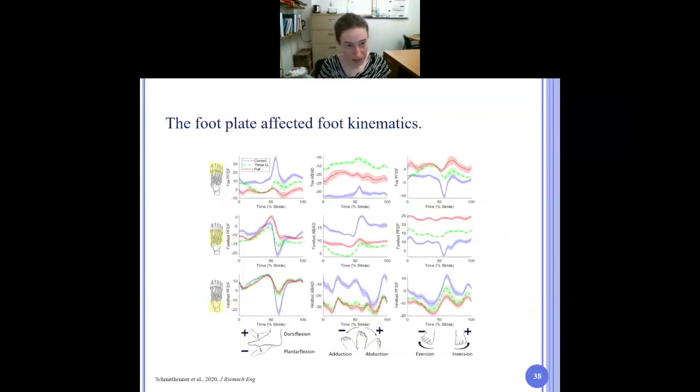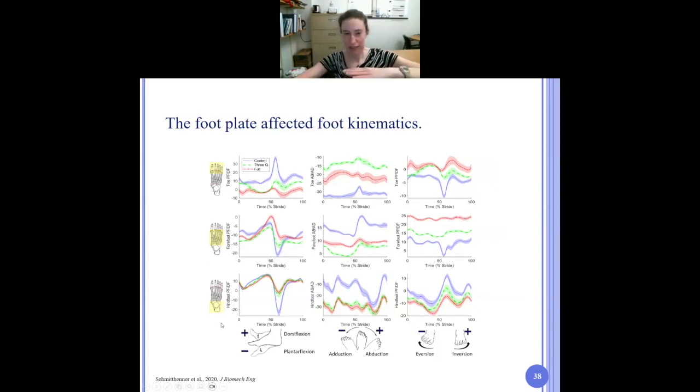Not too surprisingly, the foot plate had a much larger effect on the foot kinematics. These plots show three-dimensional foot kinematics for the front foot, midfoot, and hindfoot.